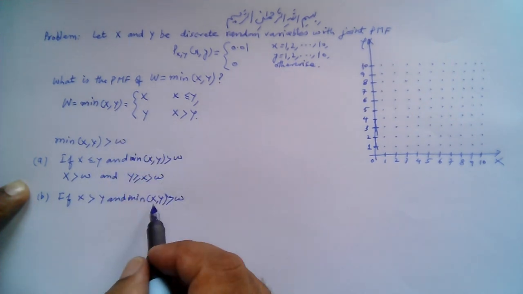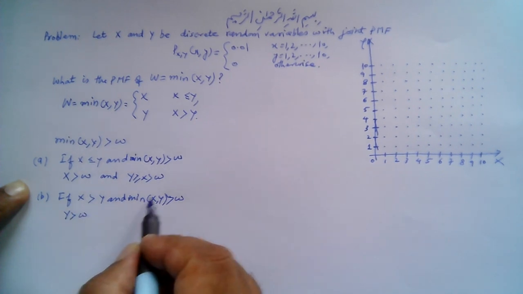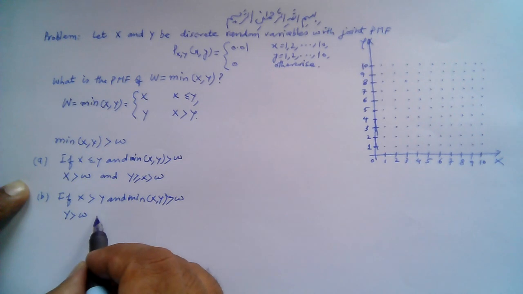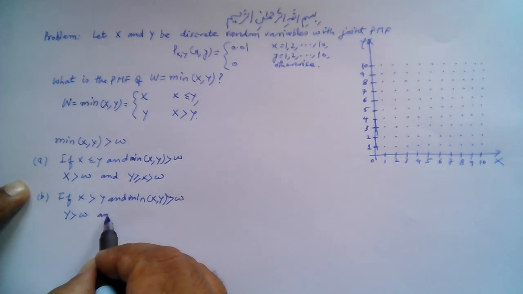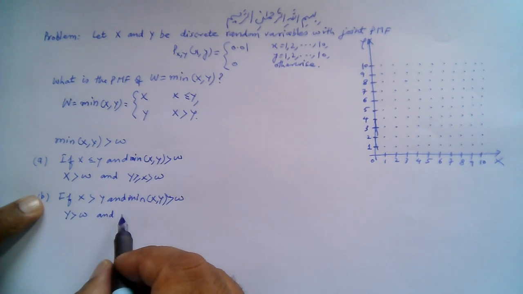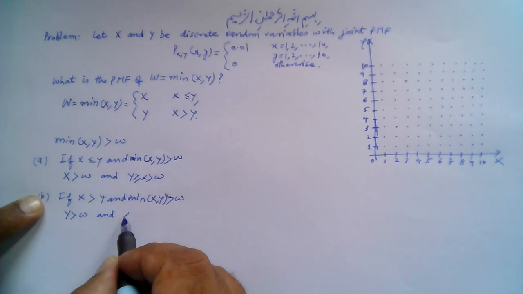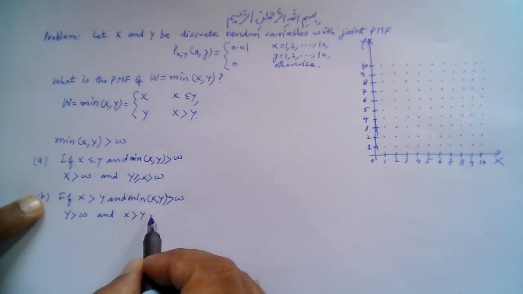So min of x, y is greater than w, so we can write that y is greater than w because y is the minimum of these two, right? And x is greater than y then, and y is greater than w.